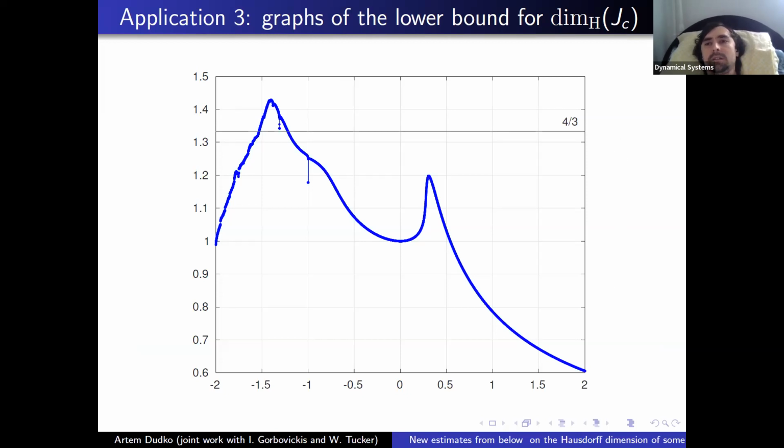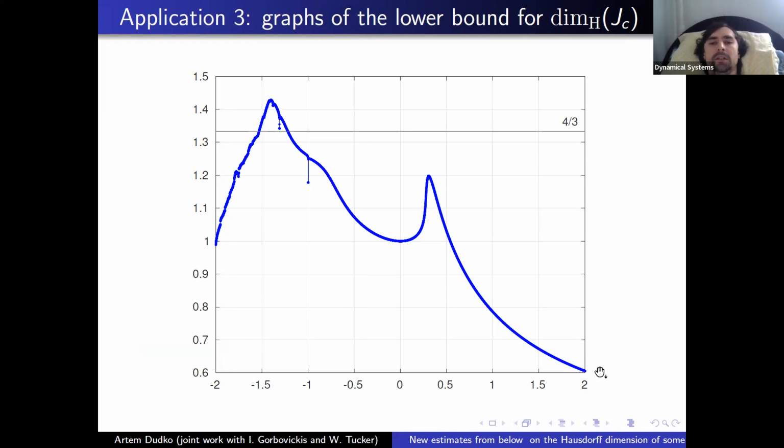And so the third application is rigorous graphs of lower bounds for the Hausdorff dimension of Julia sets of P_c for c on the segment from -2 to 2.